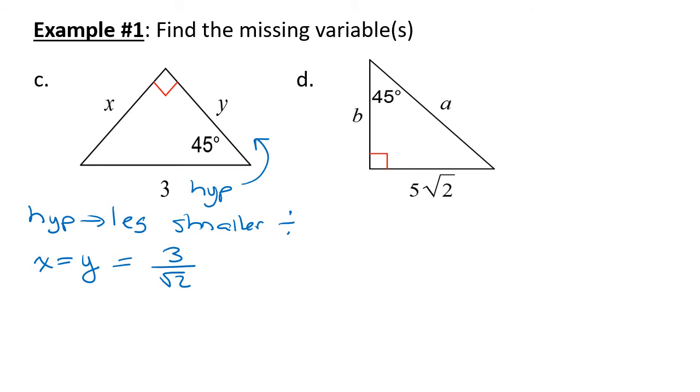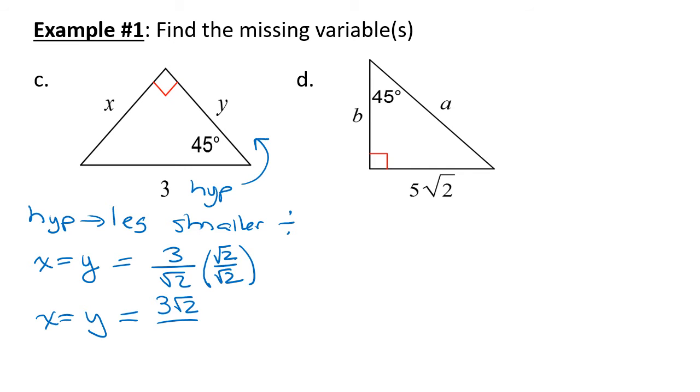Our properties of radicals will not allow us to leave a radical in our denominator. So because I'm dividing by square root of 2, that means I need to rationalize my denominator. So I'm going to multiply by the wacky form of 1. And in this particular problem, x is going to equal y, and I have 3 square root of 2 in my numerator.